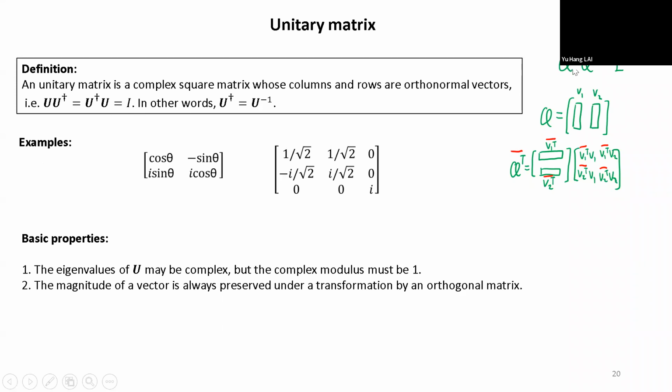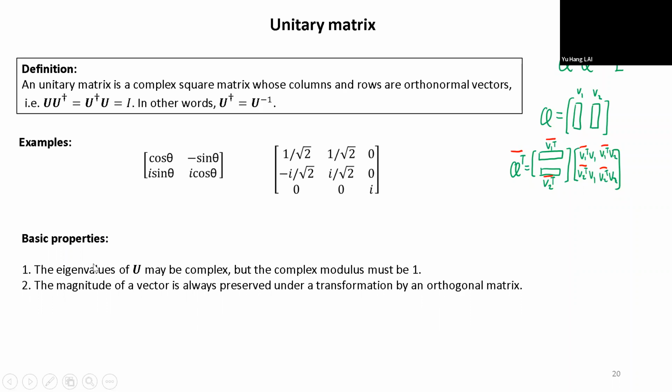Instead of Q transpose Q equals the identity matrix, here I have U, the conjugate transpose, times U equals the identity matrix. Here are examples; you can try to verify them by yourself. The properties of the unitary matrix are basically the same as the orthogonal matrix that we talked about last time.